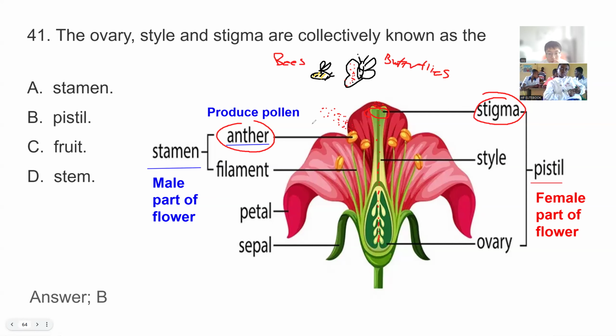Is there maybe anything else that you found confusing? Continue.